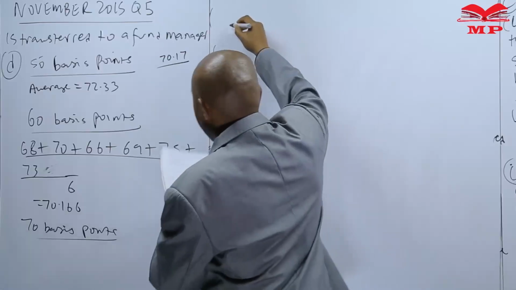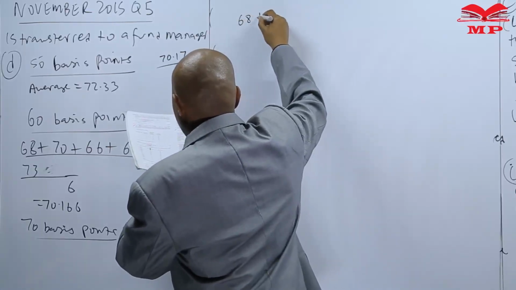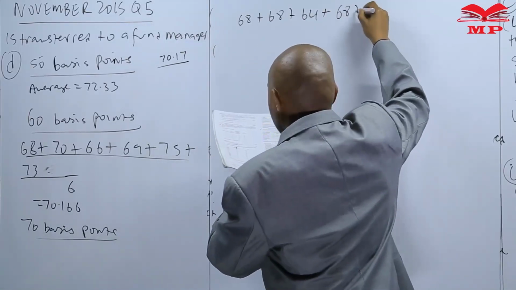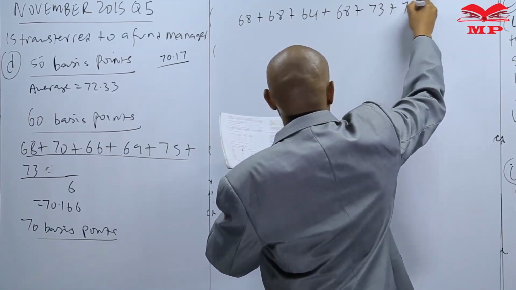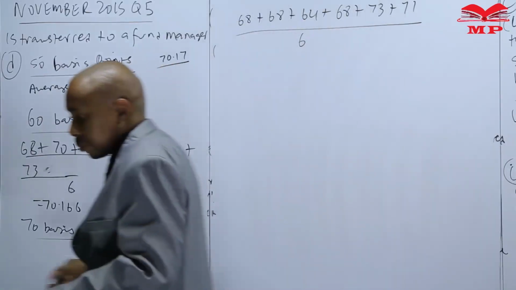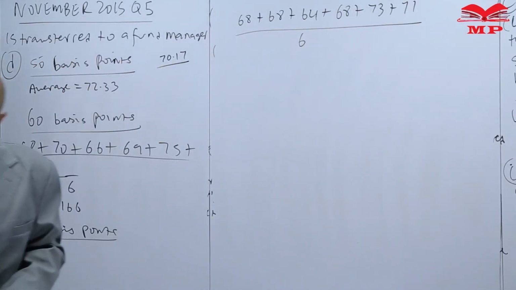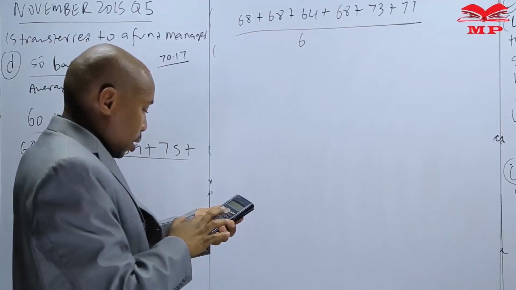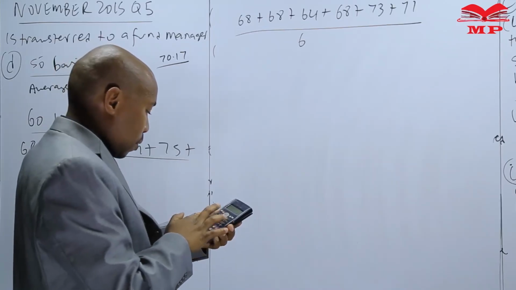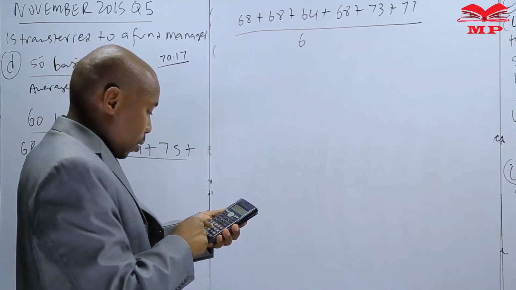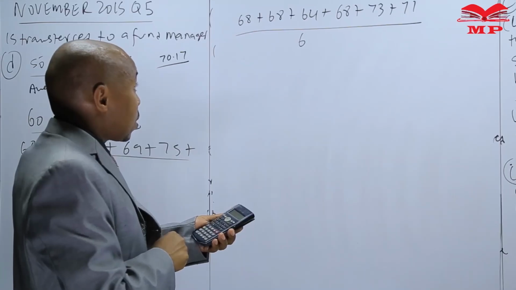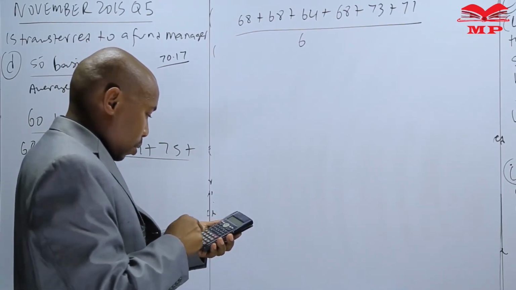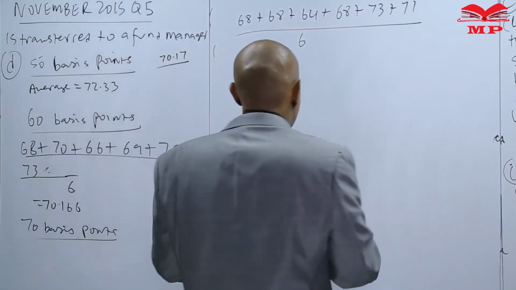So we have 68 plus 68 plus 64 plus 68 plus 73 plus 71 over 6. We have 68.67.